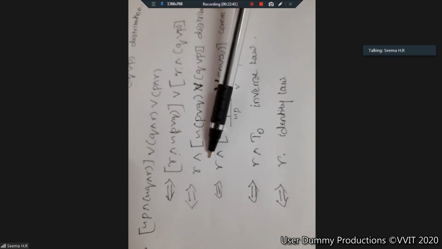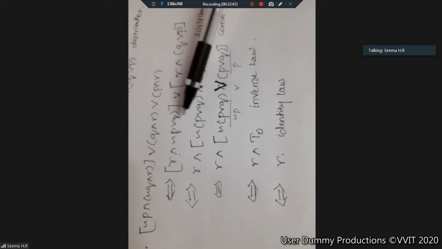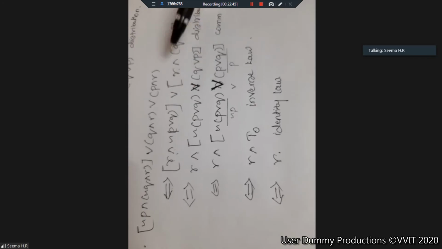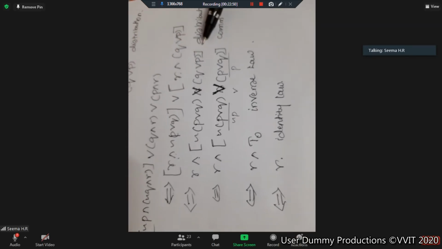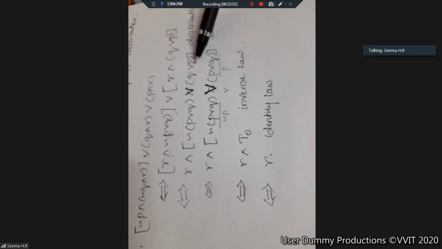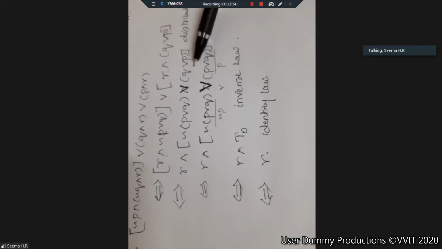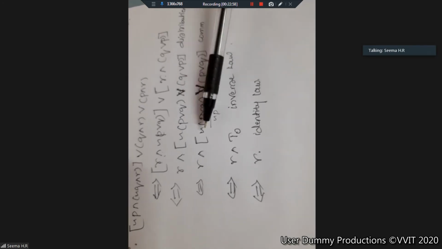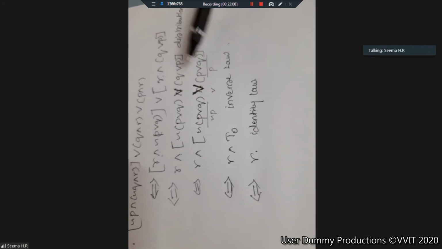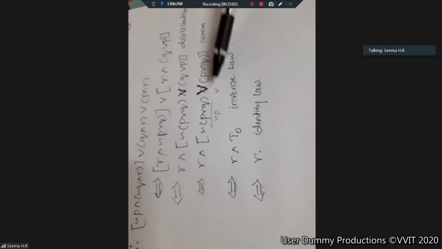So I have taken R and so here negation of PRQ I have written R is there, QRP is there. So using the distribution we did like this. So again here I have done the commutative. So instead of writing QRP, I have written it as PRQ. See here, here also PRQ is there with the negation. Here also PRQ is there.